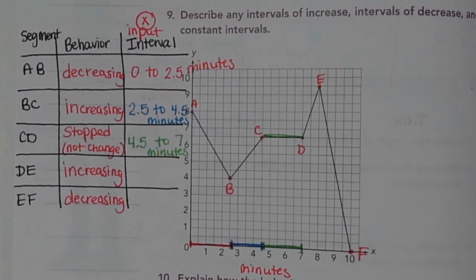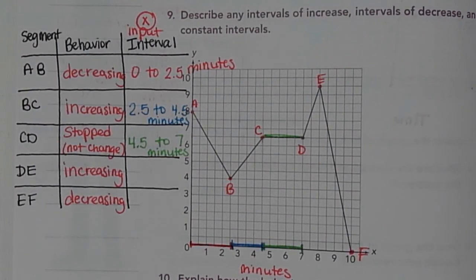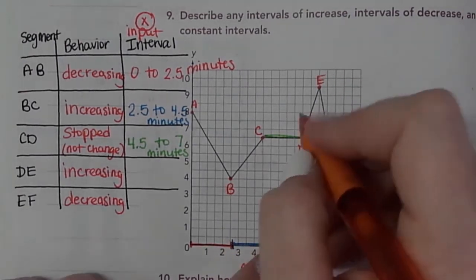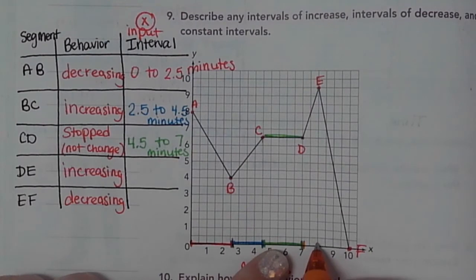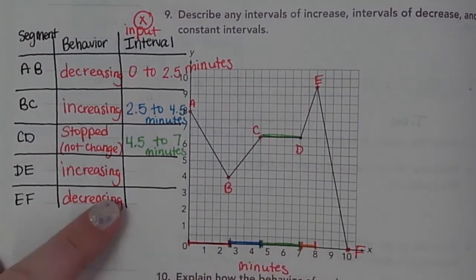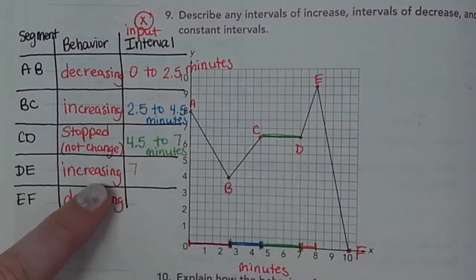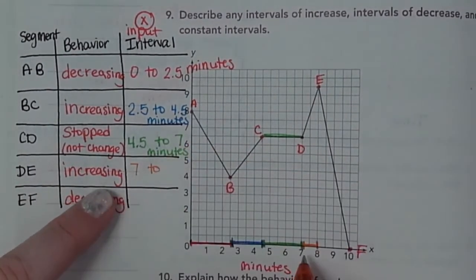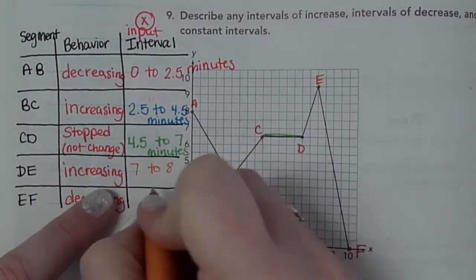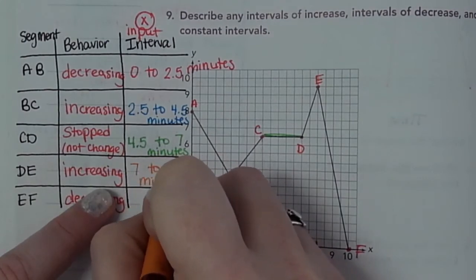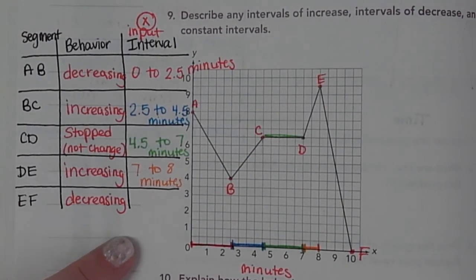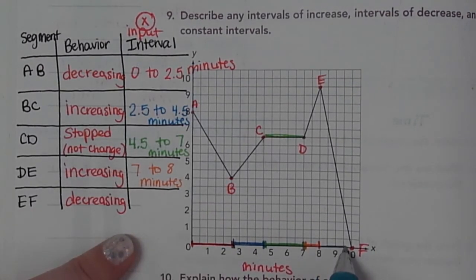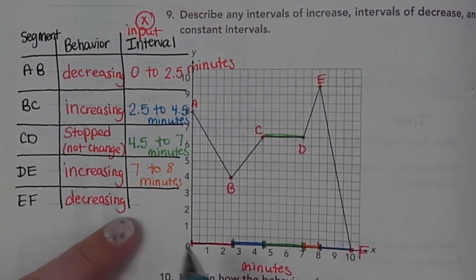Okay, then the next part, oh, there's an orange pen, is from here to there. That one's real short. So it's from 7 to 8 minutes. And then I don't have another color, so we're just going to go back to blue. And then from here to here, it is decreasing.